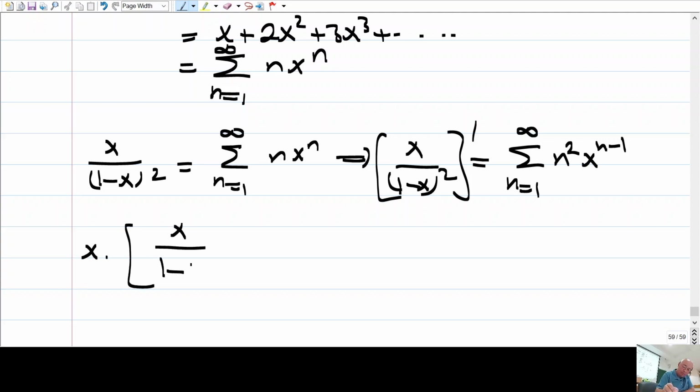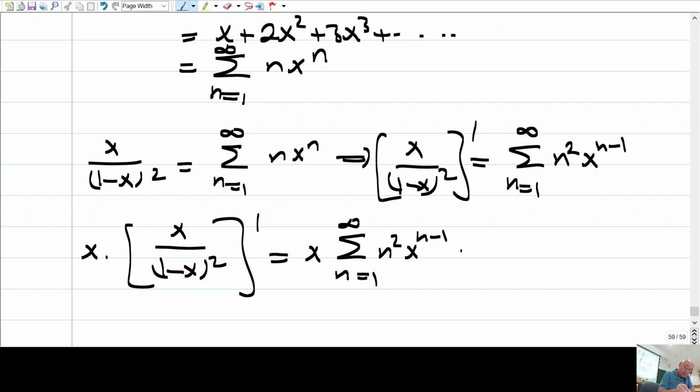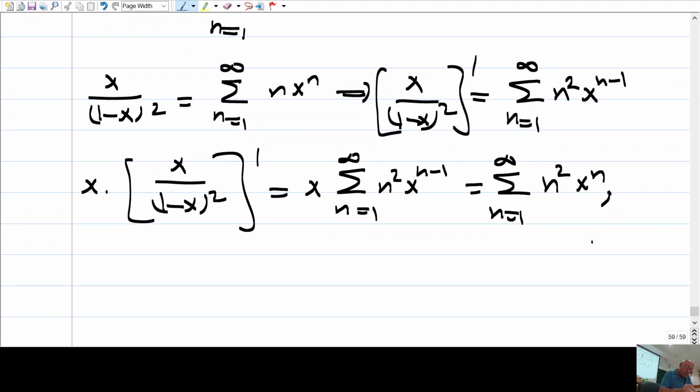If I multiply by x, I will get this. But as above, this x just goes inside the summation, and it is n squared x to the power n. And this is true for x between 1 and minus 1, because all these operations work for x between 1 and minus 1. You take integration, differentiation, and multiplication.